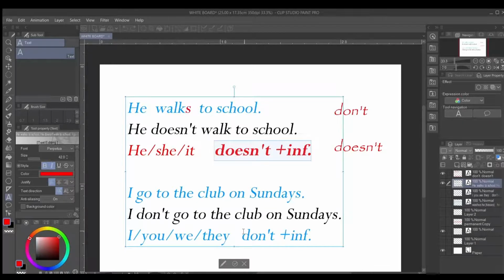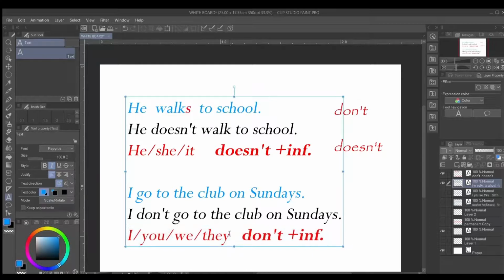Let's try to make this bold, and this bold, and this red, and we have our rule for the negative form of the present simple tense. Easy? Perfect.